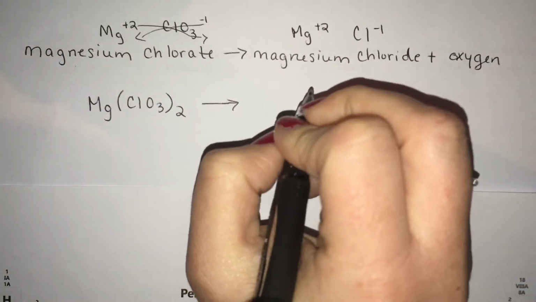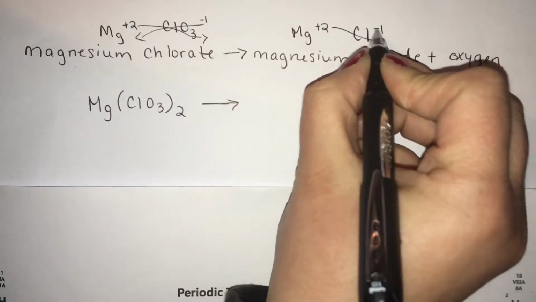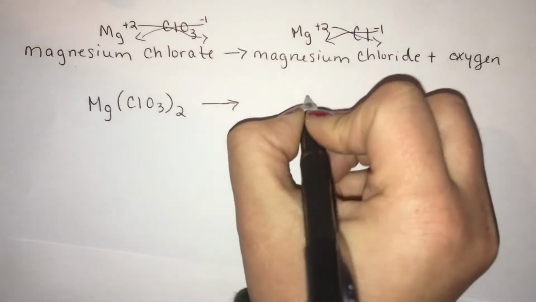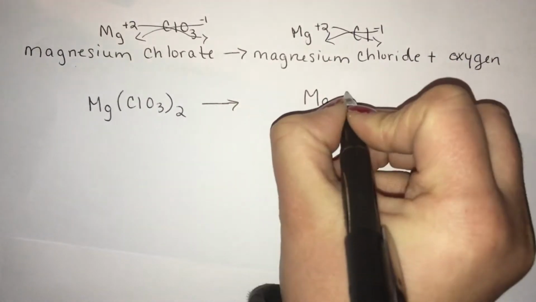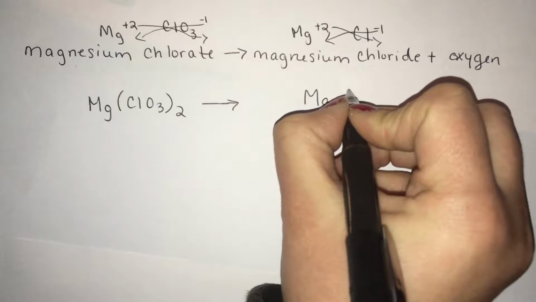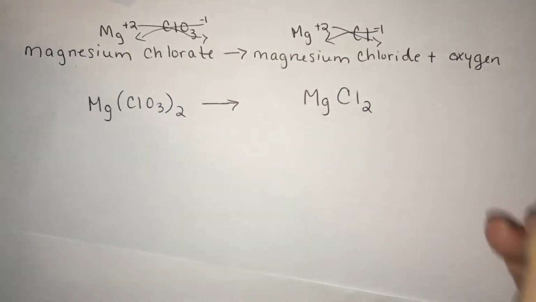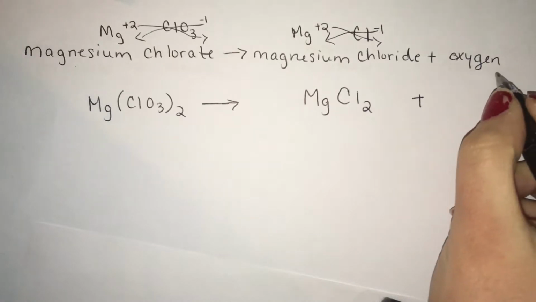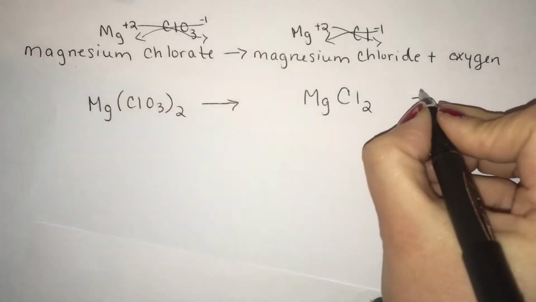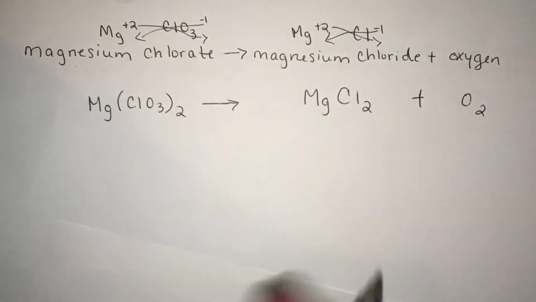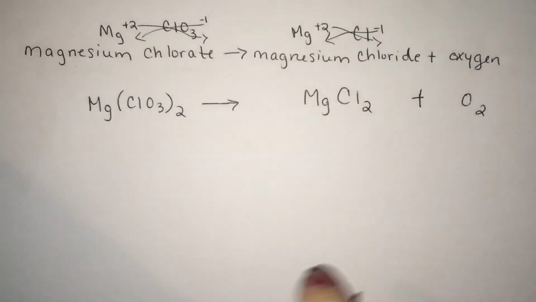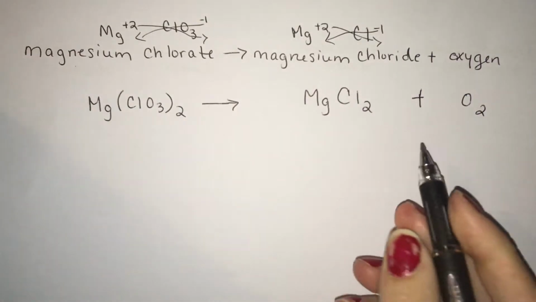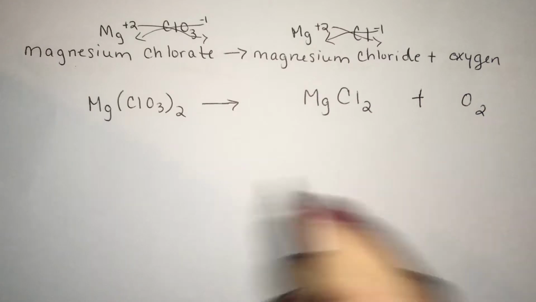Then we just do the cross method, and we will have Mg1, but we don't write it, Cl2. And then our plus sign over here. Oxygen is an element, it is diatomic, so we will call it O2.